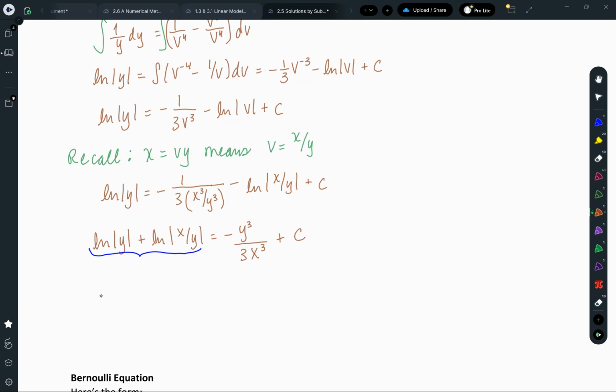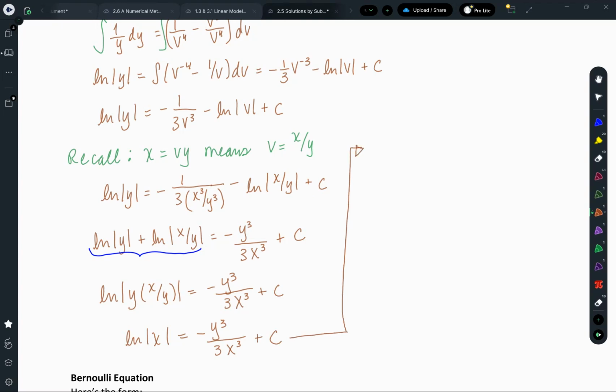So this becomes the natural log of the absolute value of y times x over y, which hopefully you can see pretty quickly that those y's are going to cancel. This is equal to minus y cubed over 3x cubed plus c. I rewrite, I get the natural log of the absolute value of x is equal to minus y cubed over 3x cubed plus c. Okay, a little bit more.